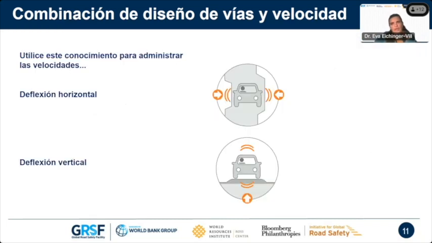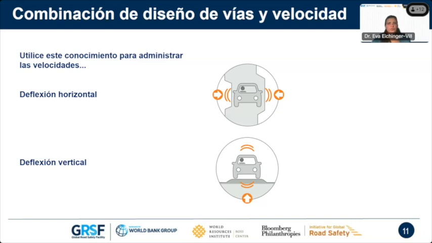Because if we want to look a little more into detail into this knowledge, you can use the knowledge to manage speed on horizontal deflection and on vertical deflection, because you create these interventions to reduce vehicle speeds. And Siba, my colleague, will show a little later on more about that.